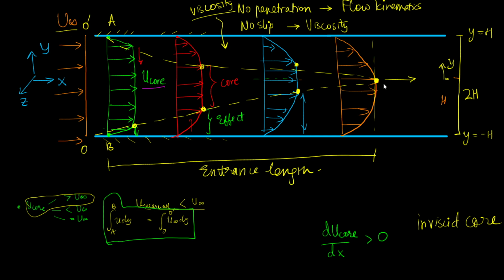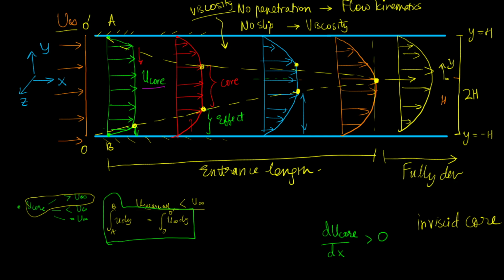Beyond this, the flow profile will experience no more changes. After this the profile will be identical. It will be this kind of thing. It will not change as x increases. So this region is called the fully developed region. So in the fully developed region, u is not a function of x.